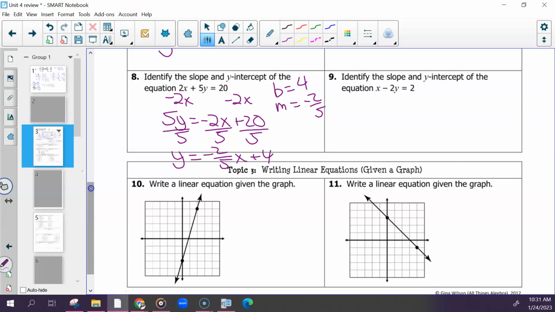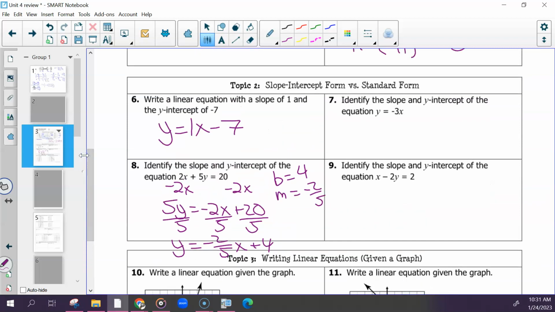9 is very similar. Did we have questions on 7? We are again identifying the slope and y-intercept. It's already in slope-intercept form. So what is your slope? What is your y-intercept? Lily?